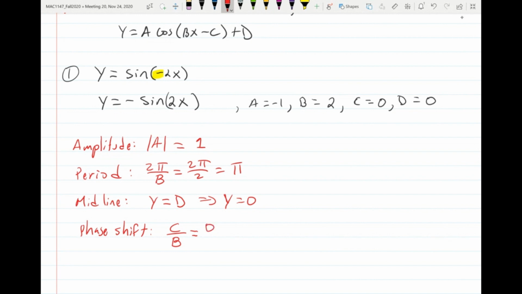Okay, because c is equal to 0, this would be 0 over 2, which is just 0. So that means there will not be any horizontal transformations done to the graph of the function. Okay, so that's how we find this information. Now let's go ahead and let's sketch. But before I do that, questions on finding any of these 4 items?